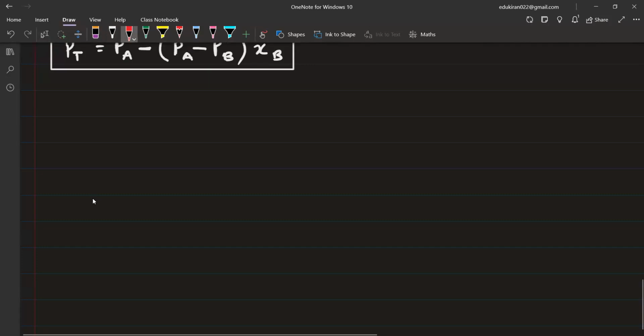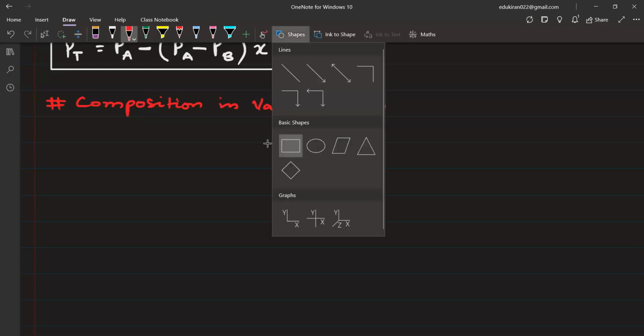Right. In some of the questions, we will be asked to find out the composition in vapor phase. What is composition in vapor phase?